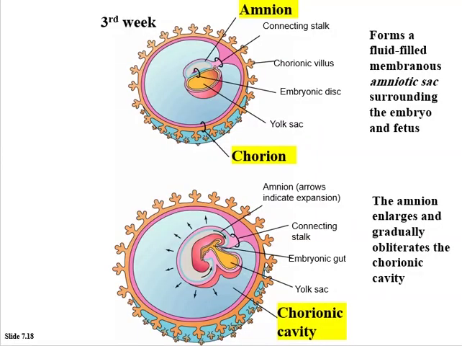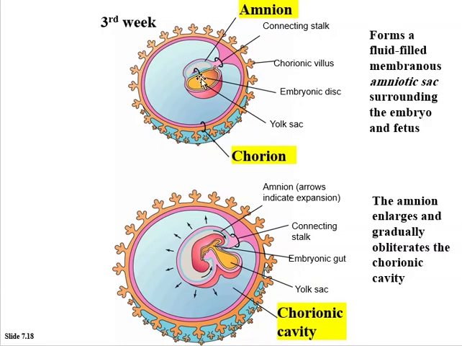Regarding other membranes, we have the amnion and chorion. The amnion, as we mentioned formerly, is formed here as a cavity just superficial to the epiblast cells and is lined by amnioblasts, which originate from the epiblast.